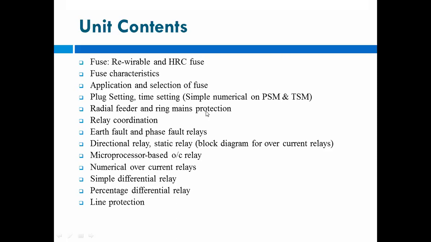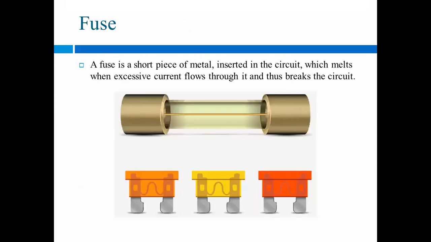First is the introduction to the fuse. So this is the fuse all of you have seen. There are different types of fuses, but a fuse is nothing but one conductor, right?